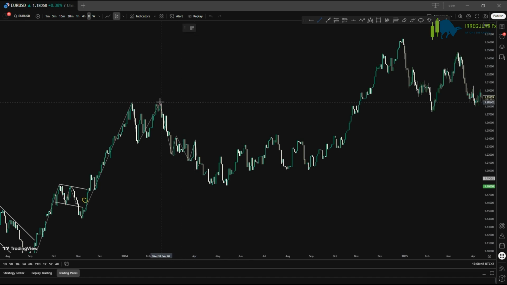So we start from the highest point, then the second highest point, which is this one. Okay, for this case I think it's this one. Then after that you go to your supporting trend line.